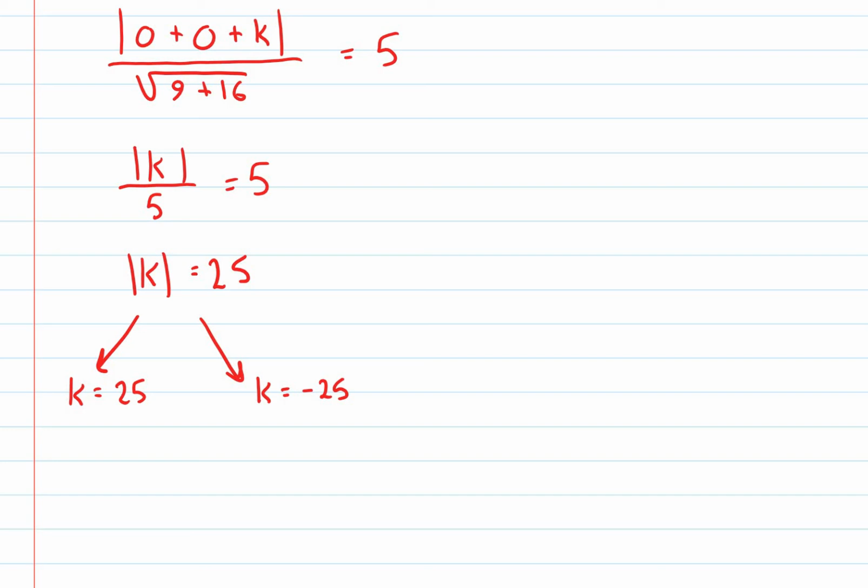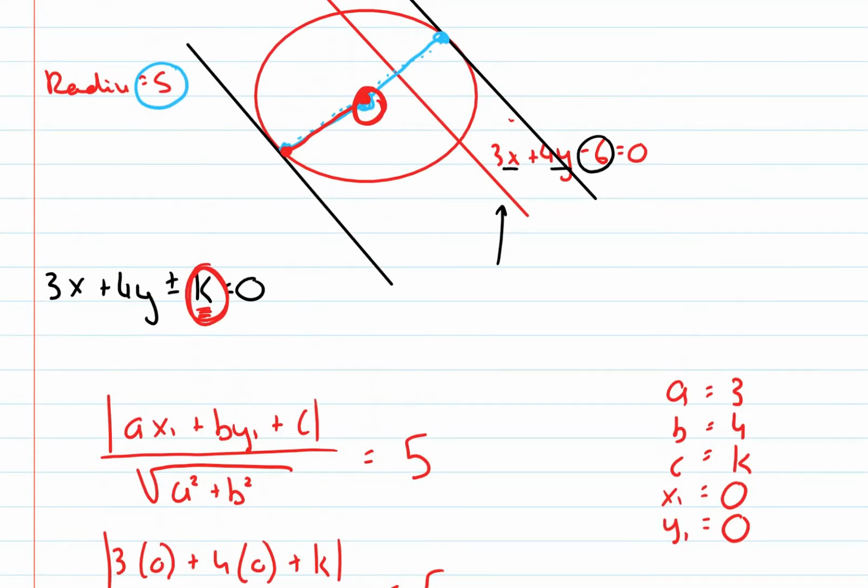So with that in mind, here are our two equations: 3x plus 4y plus 25 equals 0, and 3x plus 4y minus 25 equals 0. So there are the equations of those two tangents.